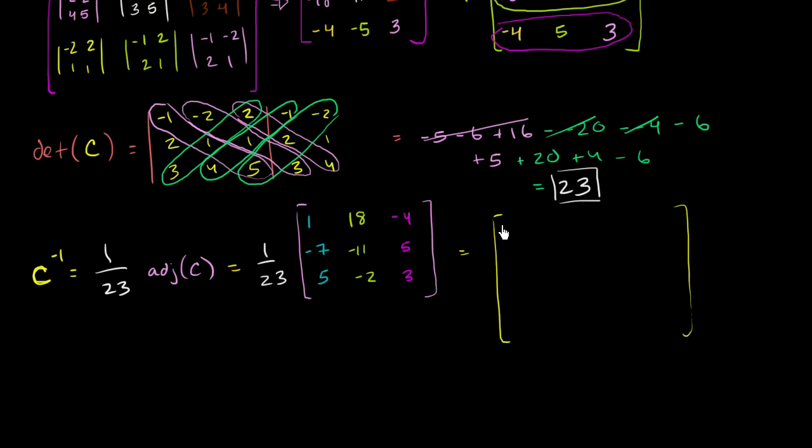So 1 divided by 23, 1/23. 18/23. Negative 4/23. Negative 7/23. Negative 11/23. 5/23. 5/23. Negative 2/23. And then finally, assuming we haven't made any careless mistakes, which would shock me if we haven't, we get to 3/23. And we are done.